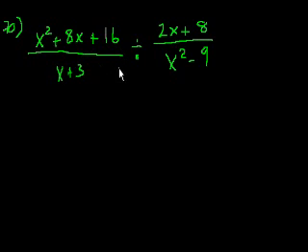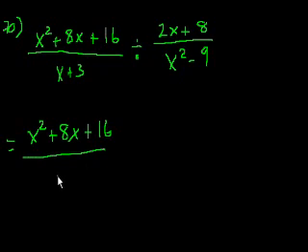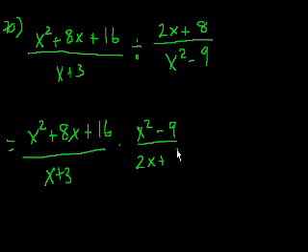The first thing you do, when you divide by a fraction, that's the same thing as multiplying by its inverse. So this is equal to x squared plus 8x plus 16 over x plus 3 times the inverse of this, x squared minus 9 over 2x plus 8.